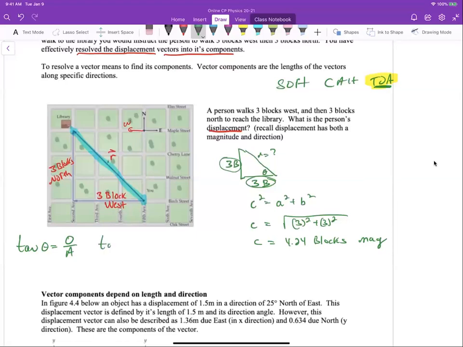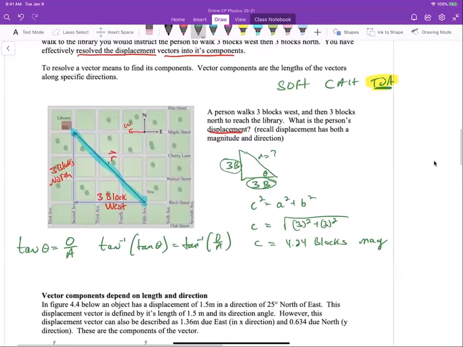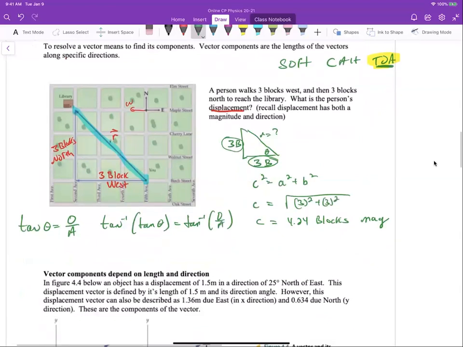On the left-hand side, the inverse tangent of tangent gets rid of the tangent, so I just have theta. On the right, I have tangent inverse of opposite over adjacent, which is tangent inverse of 3 over 3. And we will find theta to be equal to 45 degrees.